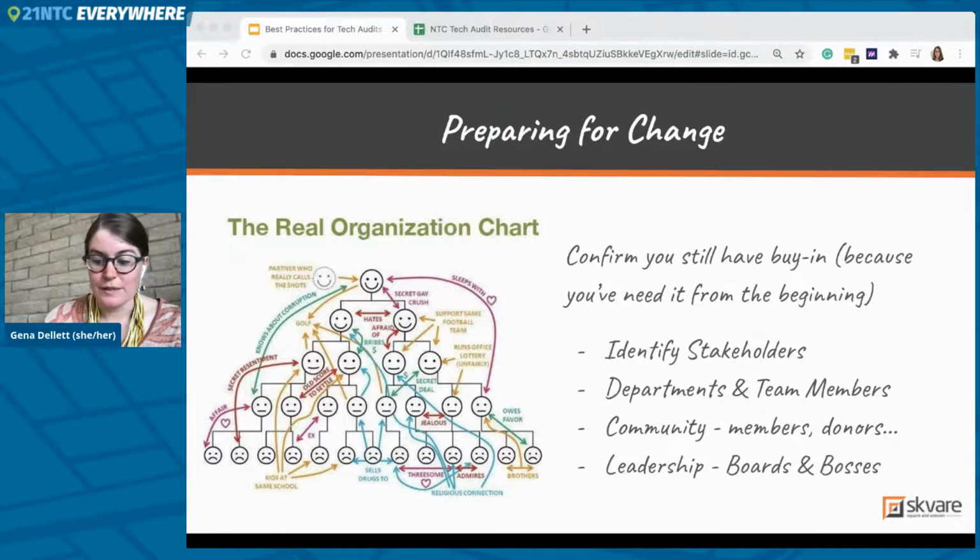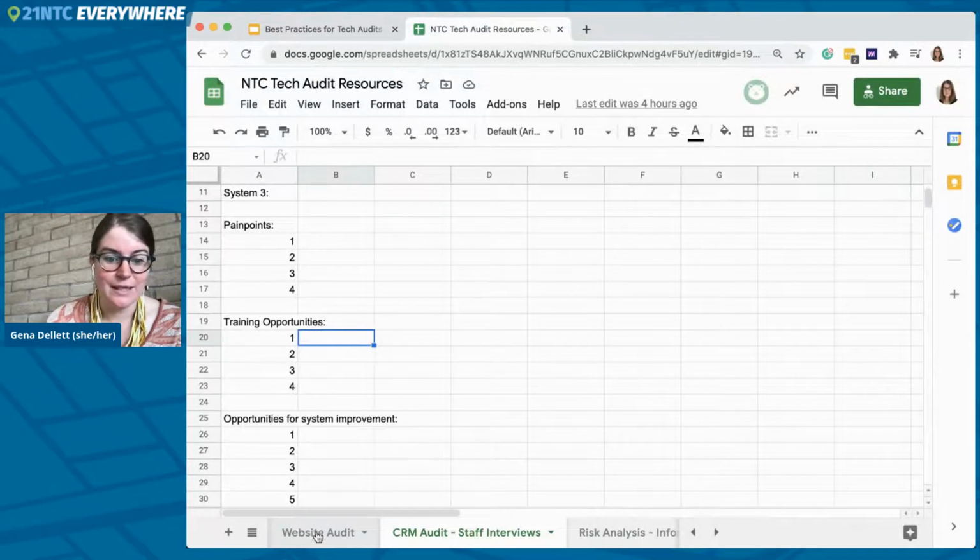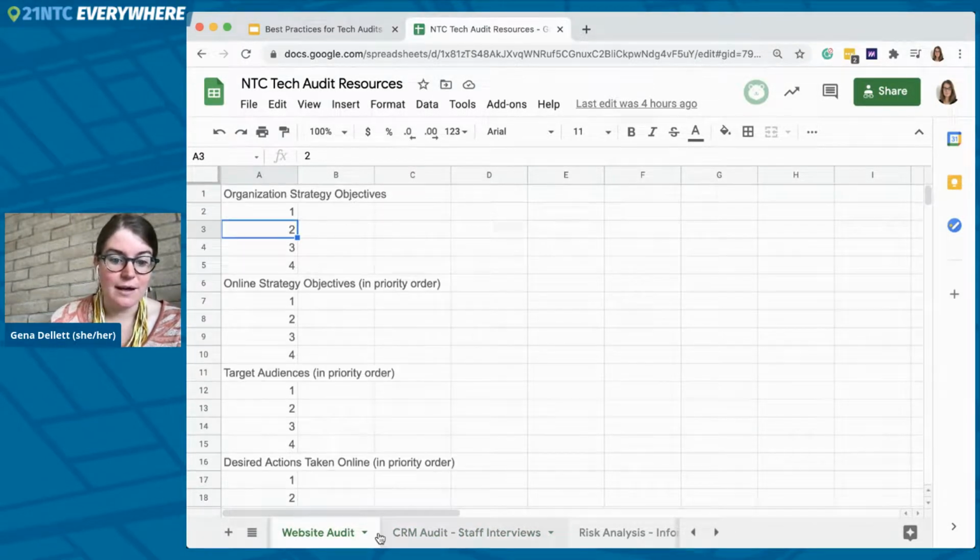So you have your resources. You have those really simple templates to use. And I hope that the simplicity of them makes them something that you really can refer to. I love the website audit process and the CRM audit, because whether you're wanting to make even minor improvements to your existing system, or you're wanting to do a complete overhaul, there's a lot of work that if you just go through and fill it out for your organization, for what you want to have now, and use that as a measuring stick against what you see online, then that's where the most value is going to come.